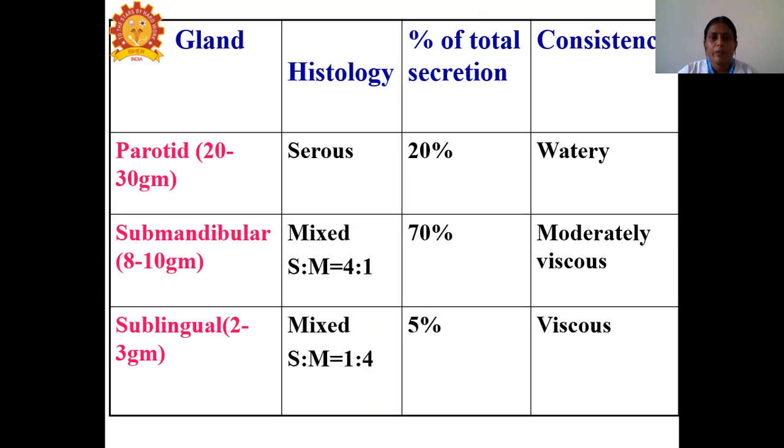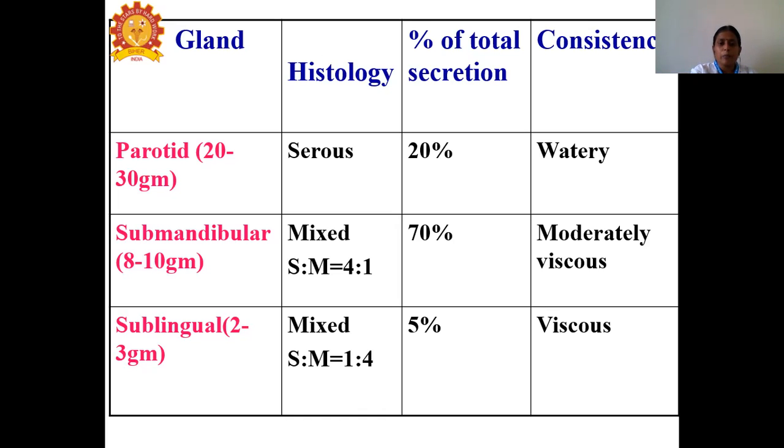The differences between these three glands are given in the table. The parotid gland weighs 20 to 30 gram, and it is a purely serous gland. It secretes watery saliva, and the total percentage of secretion is 20%. Consistency, watery.